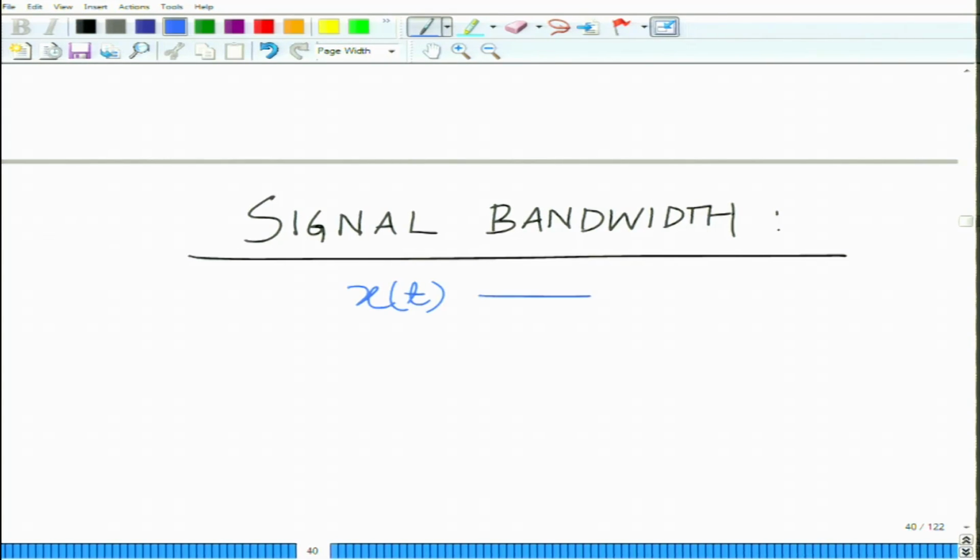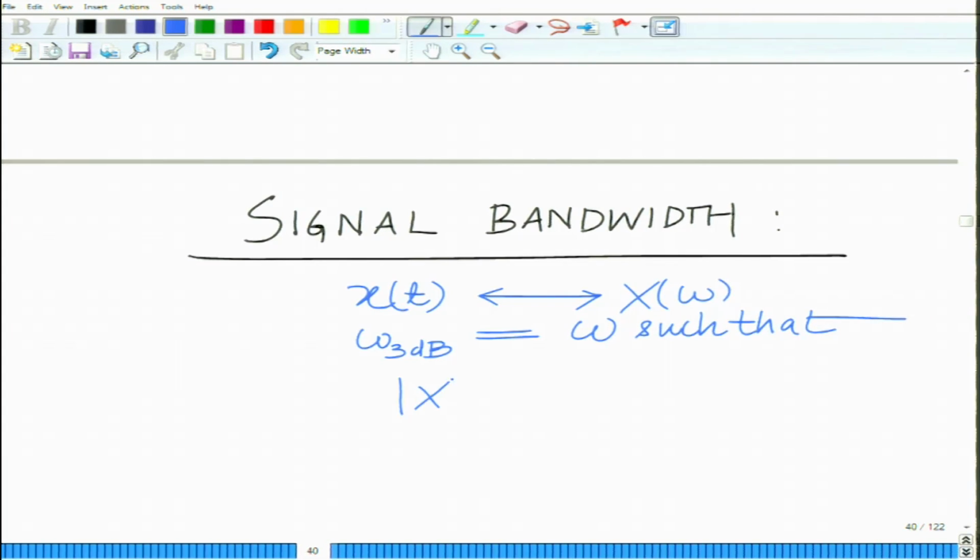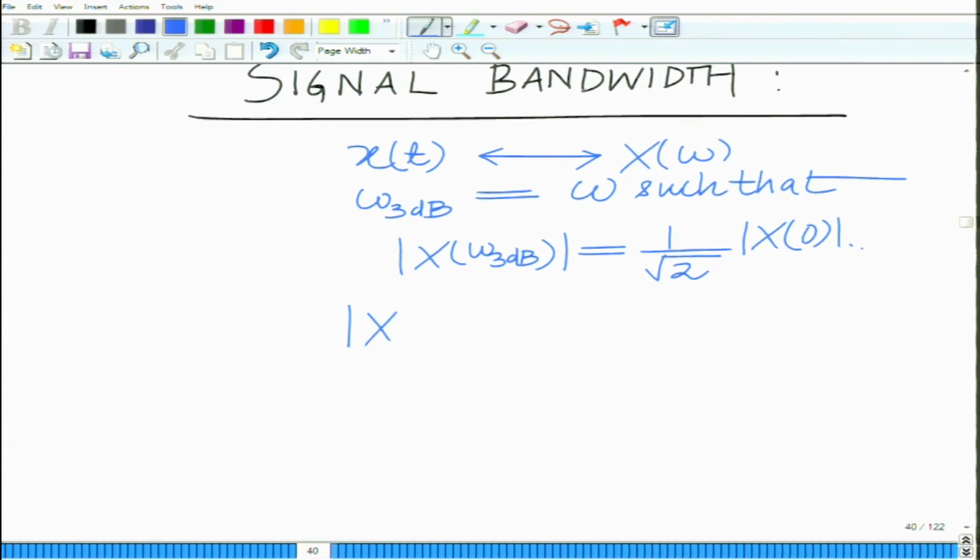Let us say we have a signal x(t) that has a Fourier transform X(omega). The 3 dB bandwidth omega 3 dB equals the frequency omega such that magnitude X(omega) at the 3 dB point equals 1 over root 2 times magnitude X(0), which means magnitude X(omega 3 dB) square, which recall is the energy spectral density of the signal, equals half magnitude X(0) square.